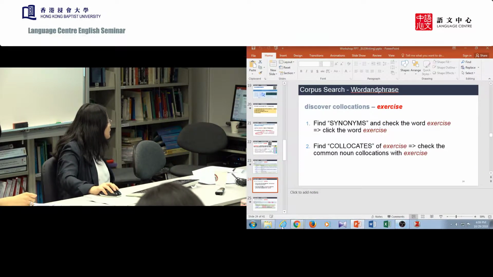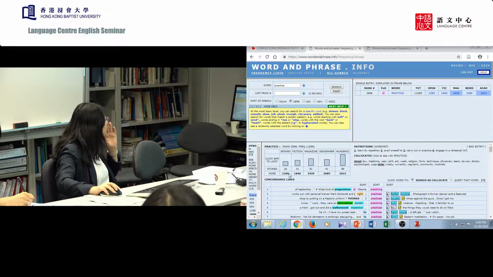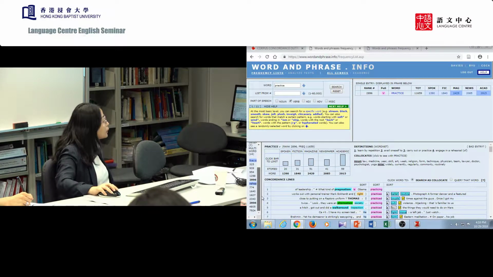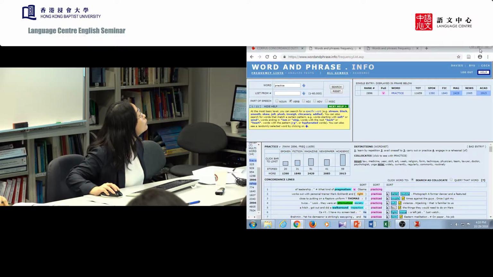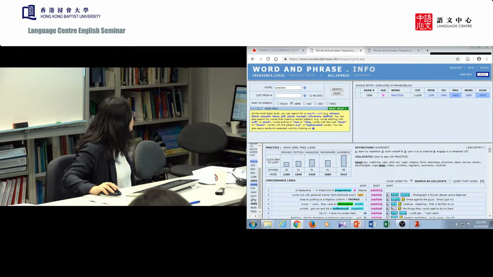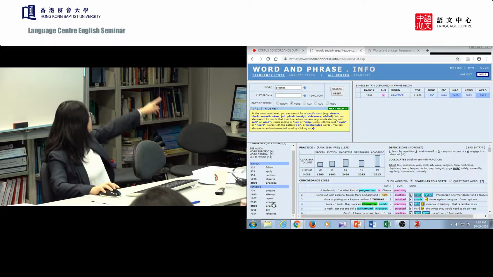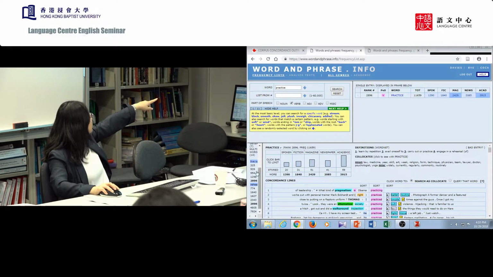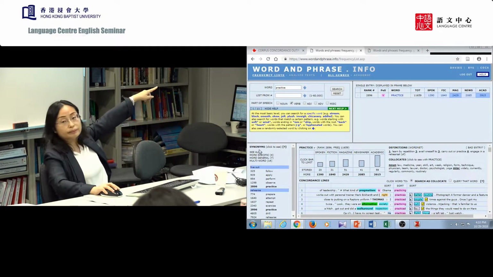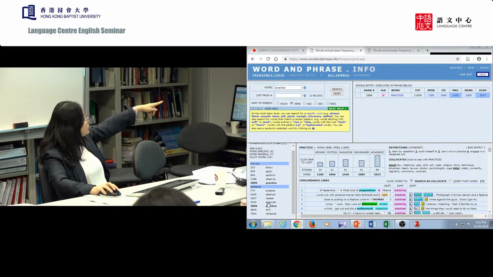From the website, you can see that exercise is listed as a synonym. It extracts all the synonyms of practice for you. So you click on exercise.